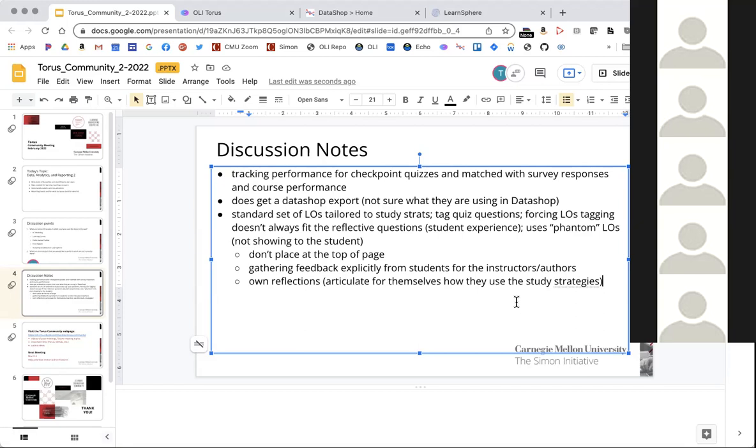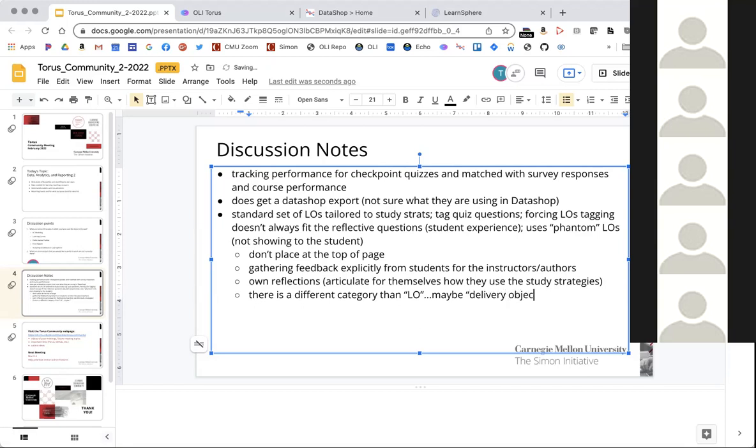Yeah, some of those are not even learning objectives. So I feel like maybe there's a different category than learning objectives, but I don't know what the right term for that would be. Maybe it's a delivery objective. Well, at least gathering information for iterative improvement is definitely a delivery objective.